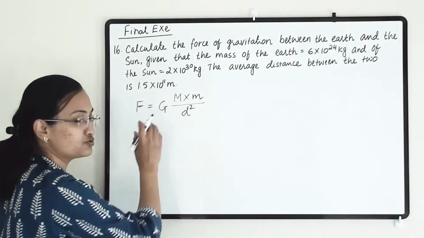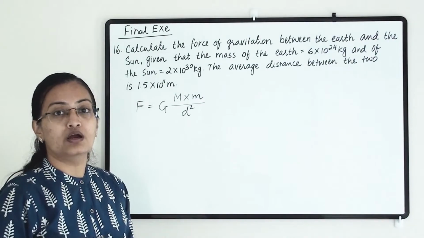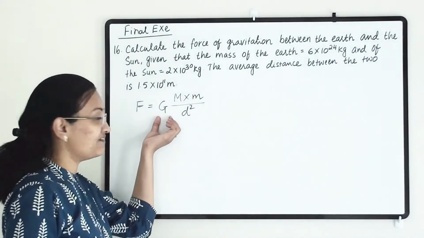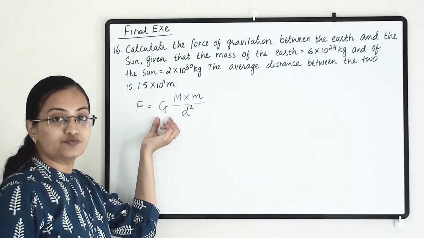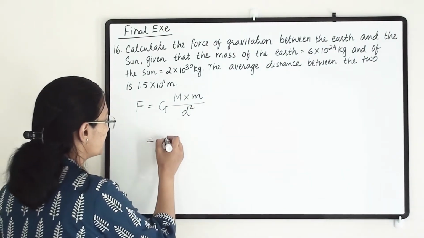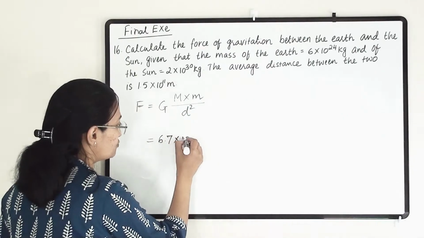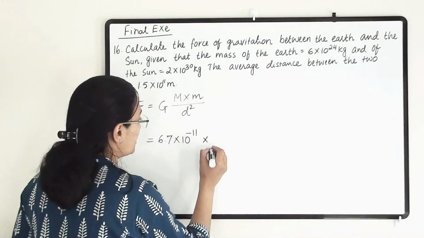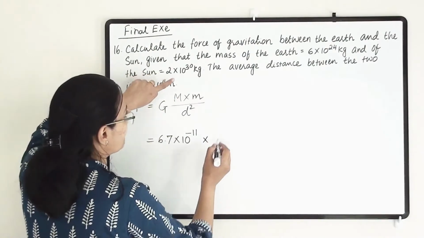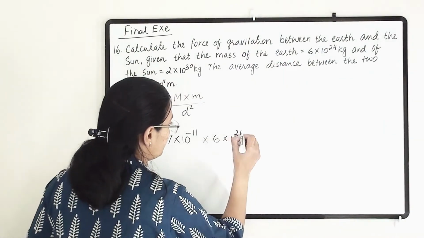Now G we are going to take as 6.7 into 10 raised to minus 11, that is the gravitational constant as per the universal law of gravitation. So let us put all the values here. First is G, that is 6.7 into 10 raised to minus 11, into capital M. Capital M we are taking as earth, 6 into 10 raised to 24.